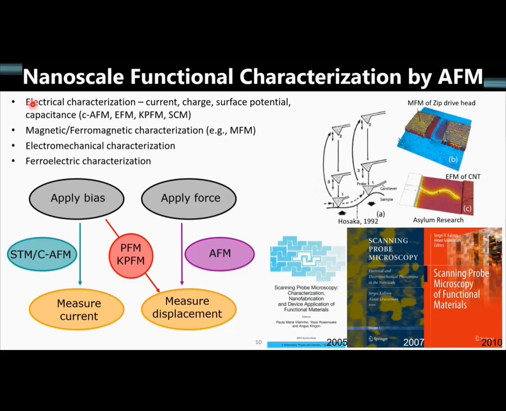These electrical characterization techniques can span from conducting AFM to EFM, Kelvin probe, scanning capacitance, and additional techniques, and they're often used for characterization of functional materials. I'll probably start talking about electromechanical characterization and ferroelectric characterization in the upcoming slides. And here are some books, not very recent ones, but the idea of using scanning probe microscopy for functional characterization goes back to the inception of these techniques, and you can find more information in books like this.